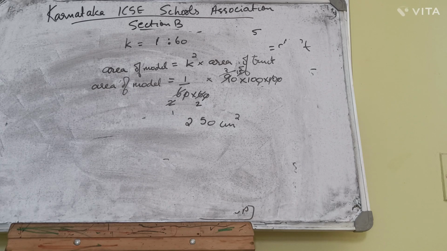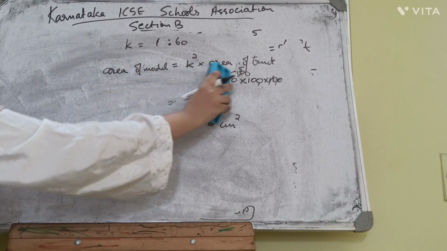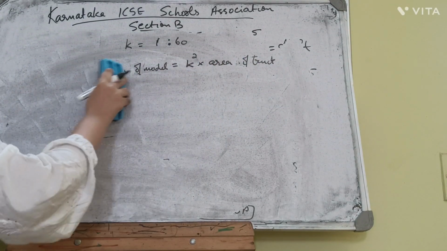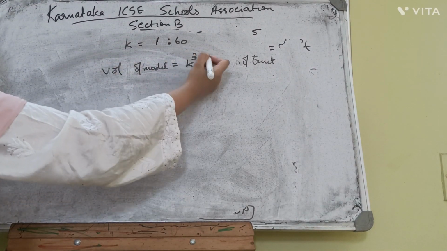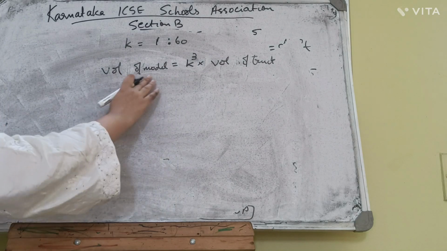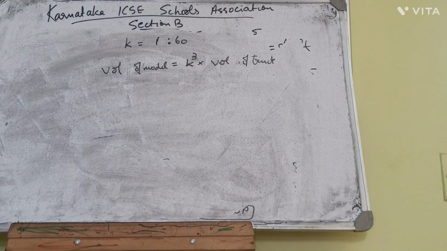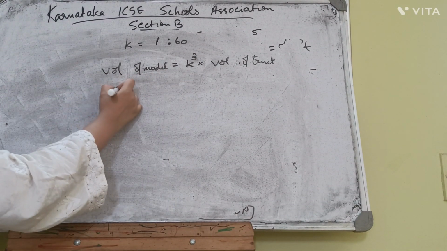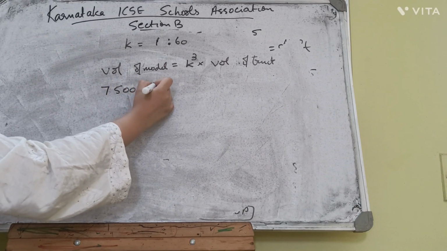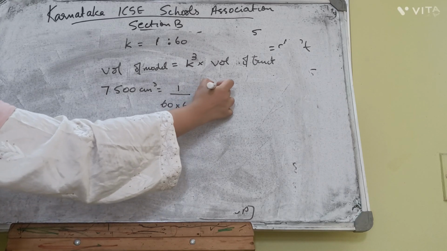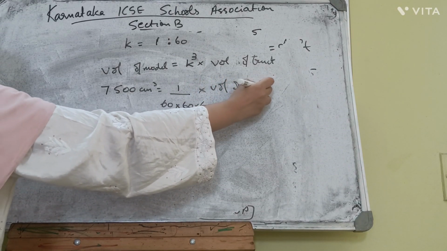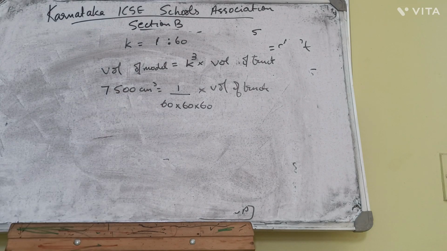Alright. And the third sub question says, if the volume of the model is 7500 centimeter cube, find volume of the truck in meter cube. We'll be using this formula. So volume of model is equal to K cube into volume of the truck. Volume of model is given as 7500 centimeter cube. K cube will be 1/60 into 1/60 into 1/60 into volume of truck.